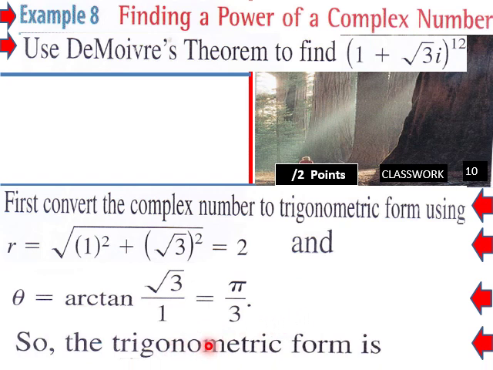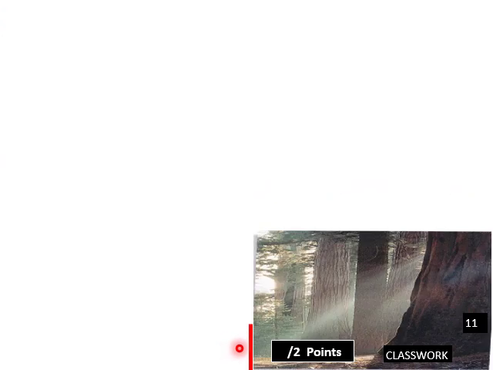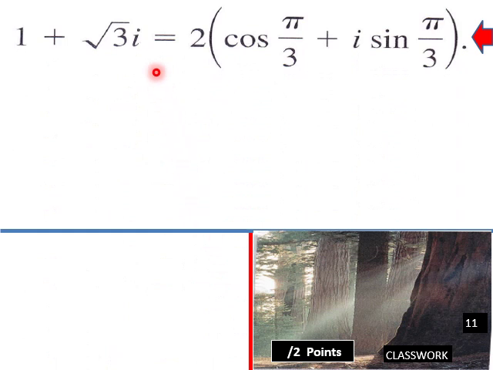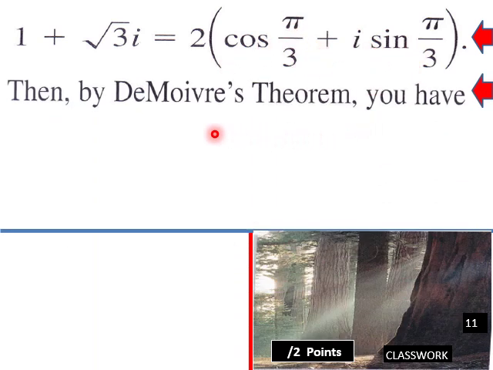So the trigonometric form is 1 plus radical 3 i equals 2 times the quantity cosine pi over 3 plus i sine pi over 3.